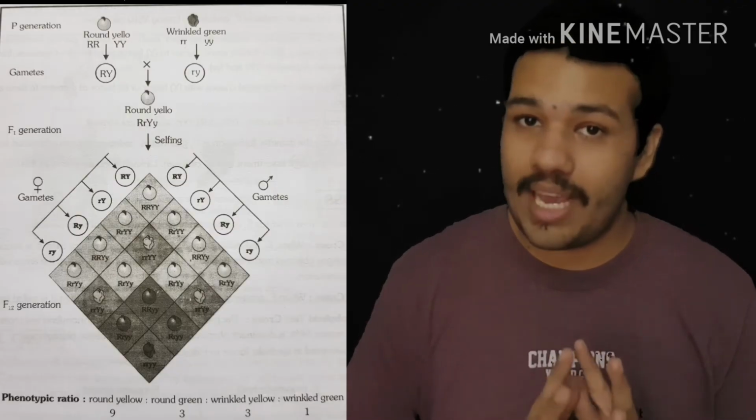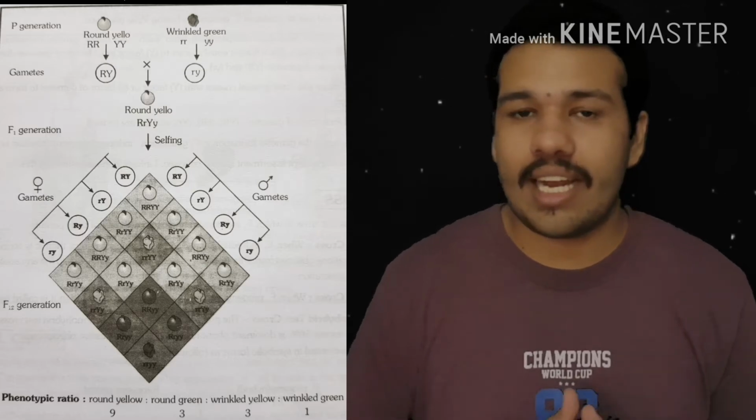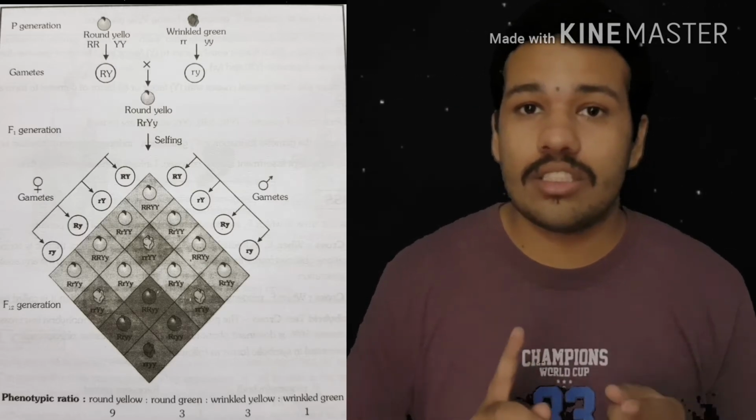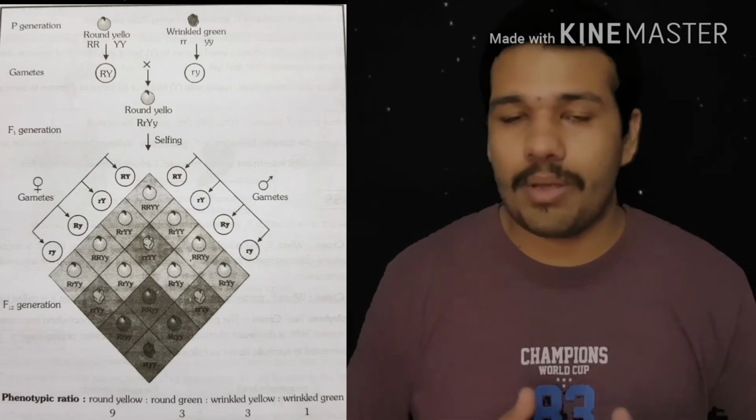So let's take a look at the Punnett square again, but this time we are not having the monohybrid cross, we are going for a dihybrid cross, so you need to pay attention. Before, we took only a single character which is tall, now we will take the seed shape and the seed color of the pea plant.